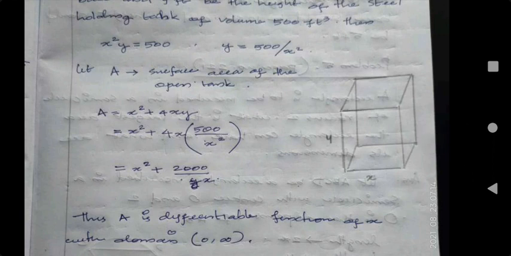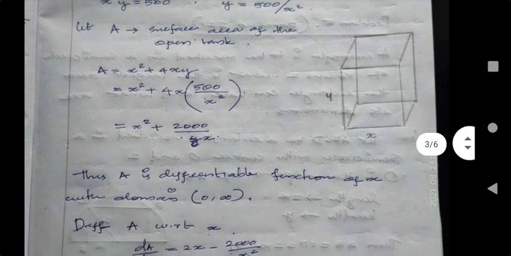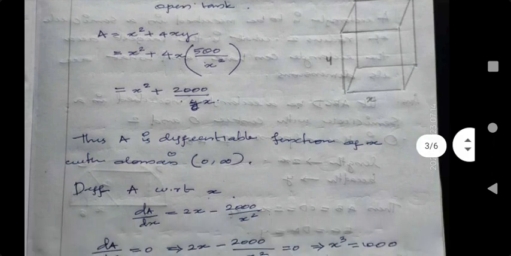The volume x squared y equals 500, so y equals 500 by x squared. And the surface area of the tank A equals x squared plus 4xy, which equals x squared plus 4x times 500 by x squared, which equals x squared plus 2000 by x.